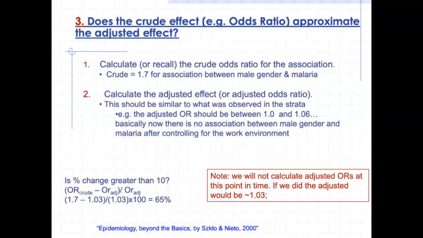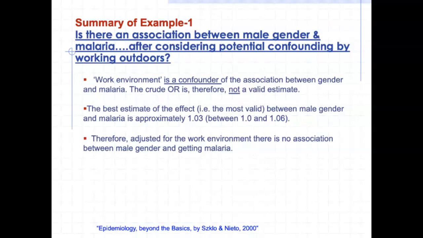It is 65%. We can conclude based on this that that percent change is pretty high. It's much more than 10%. I would conclude that yes, working outside confounds the relationship between gender and malaria.